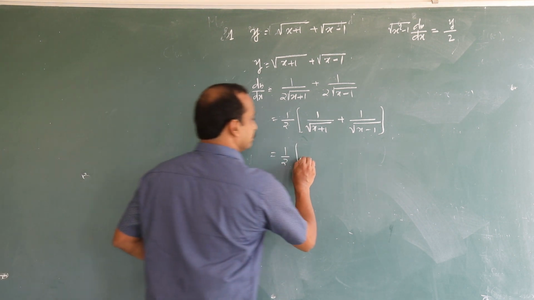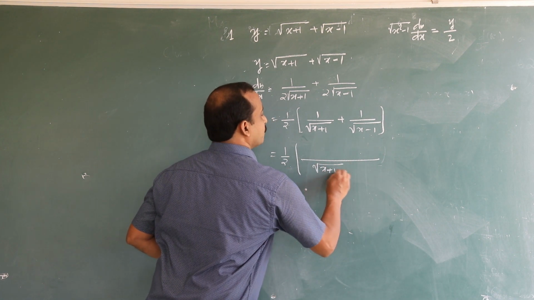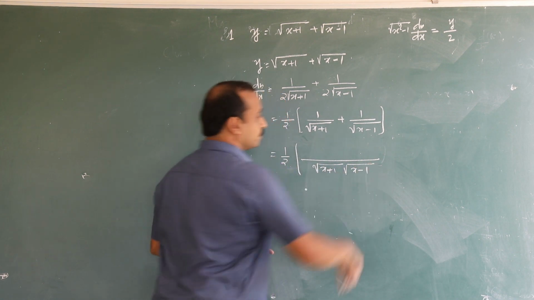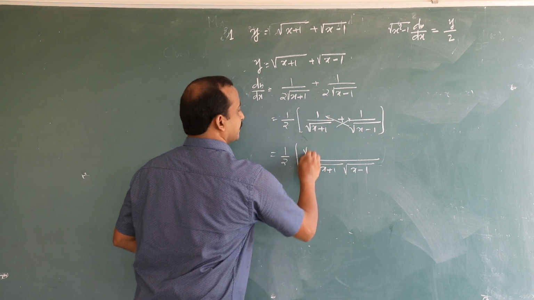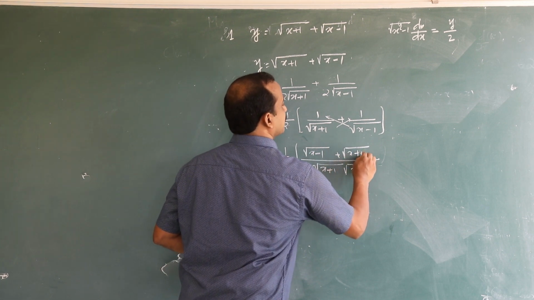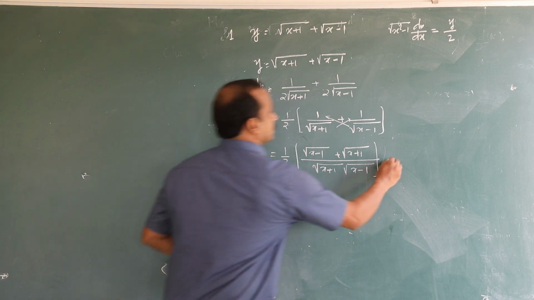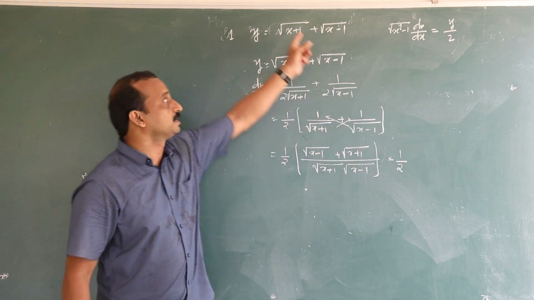Now we take this. First we find the product of the denominator, that is root of x plus 1 into root of x minus 1. On cross multiplying, we get the answer: 1 into root of x minus 1 is root of x minus 1, plus root of x plus 1. That is equal to half into root of x minus 1 plus root of x plus 1, which is y.